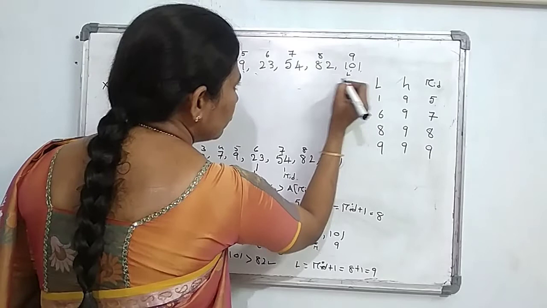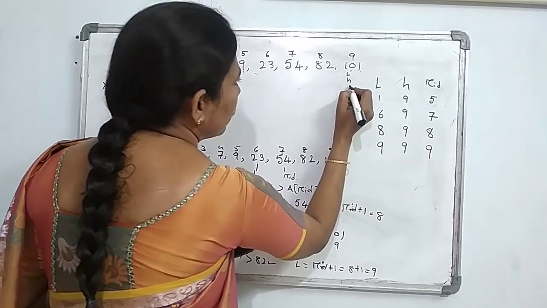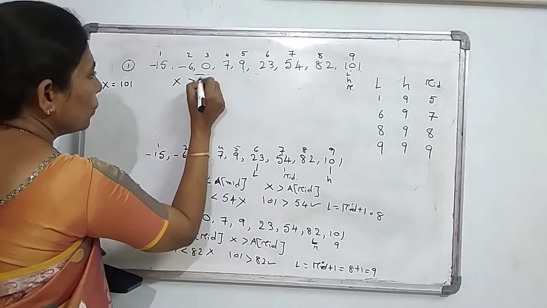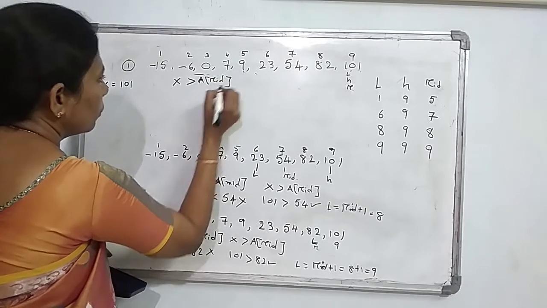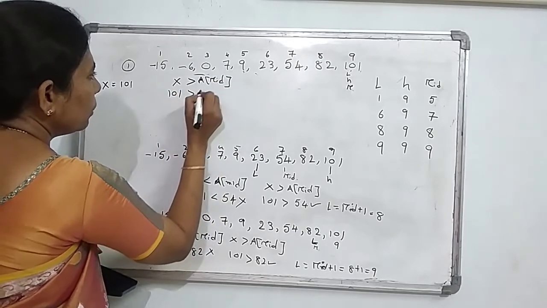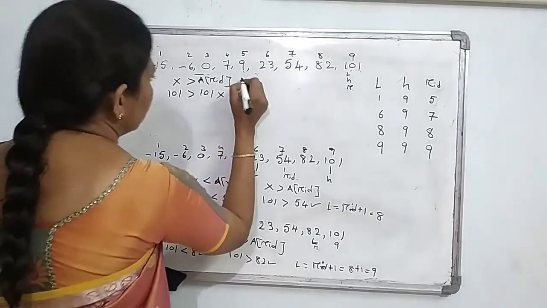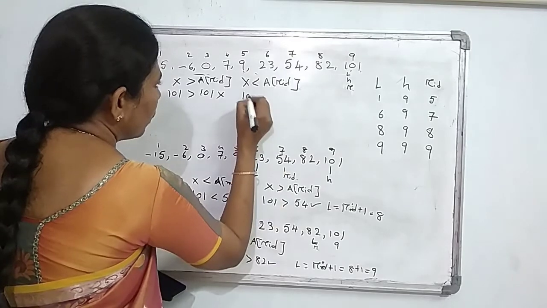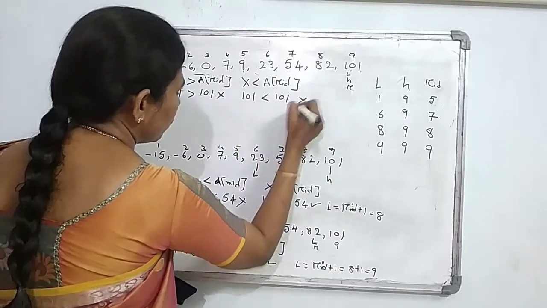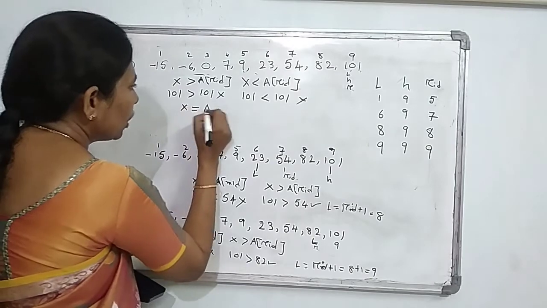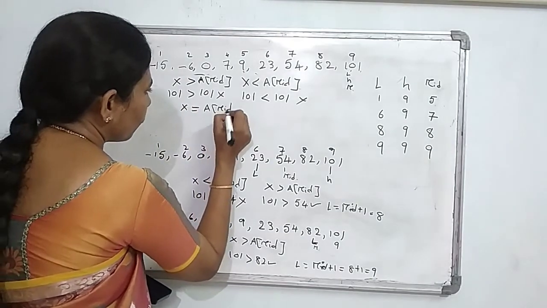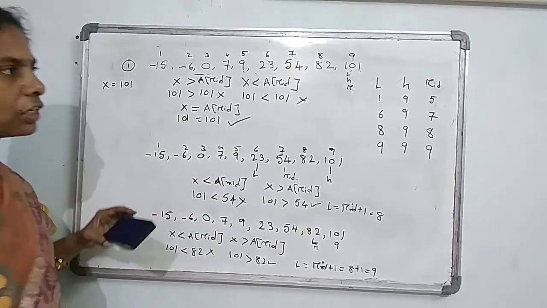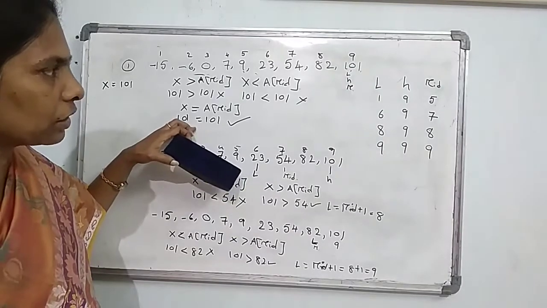Now we compare: x is greater than a of mid, 101 greater than 101? Wrong. X is less than a of mid, 101 less than 101? Wrong. Now compare x equal to a of mid: 101 equals 101. So this is correct.